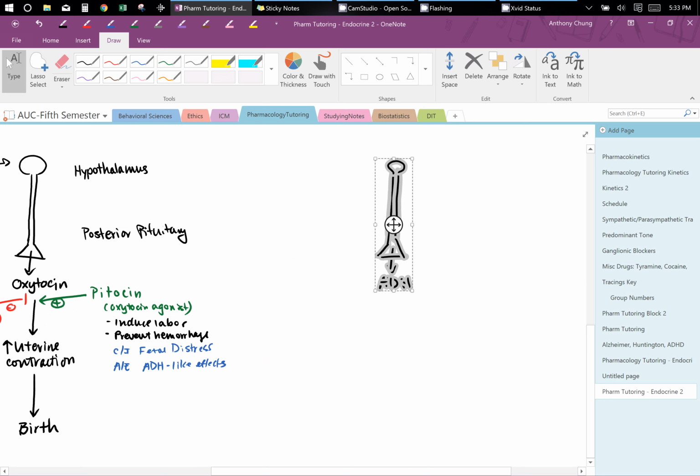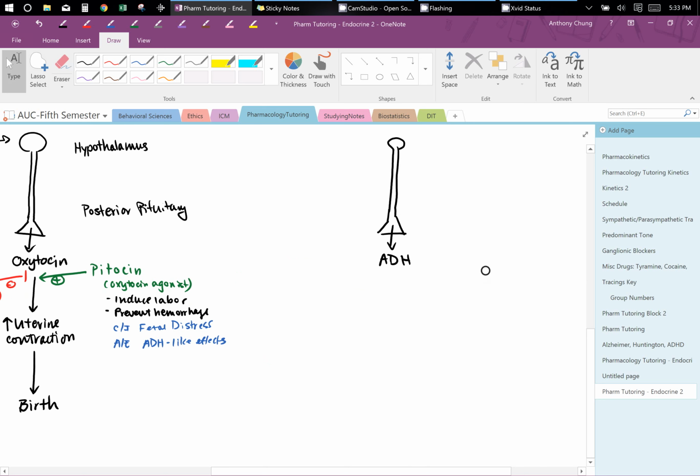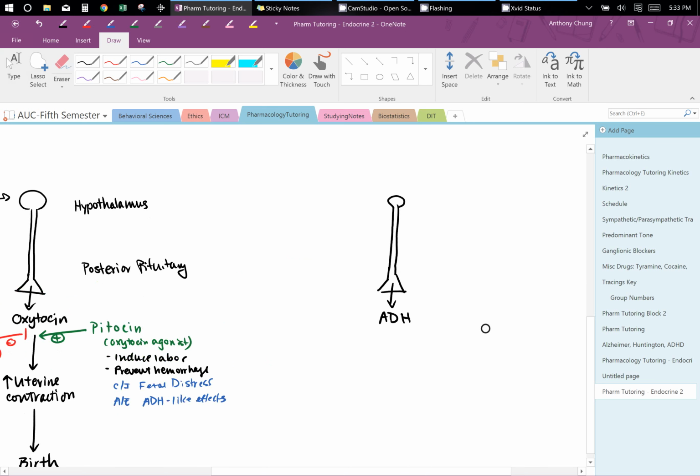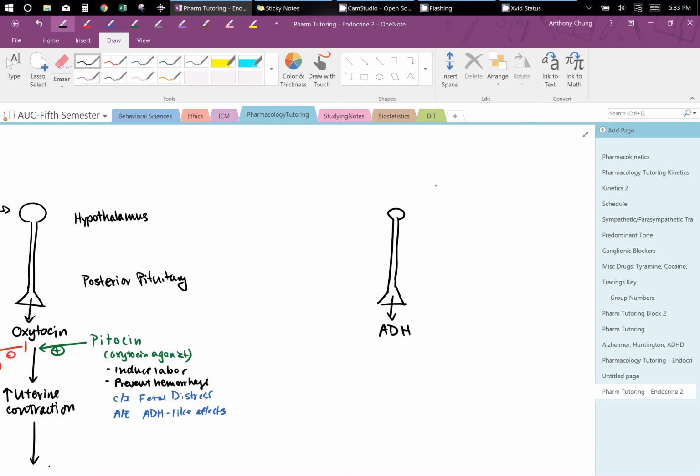Okay. All right, so this one has a few more things involved. ADH is released in response to, let's say, high osmolarity, right?